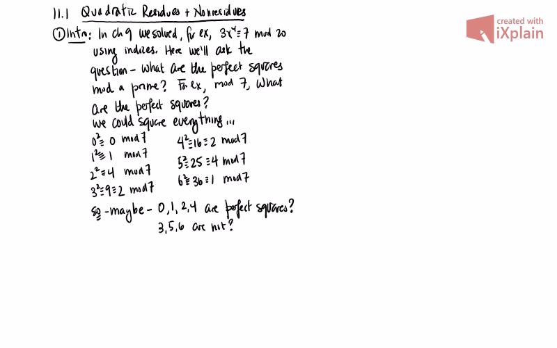So in each case, what we're doing here is essentially solving x squared is congruent to a mod 7, and we're asking for which a is there a solution. Maybe even more than one solution. So this is the problem we're tackling.